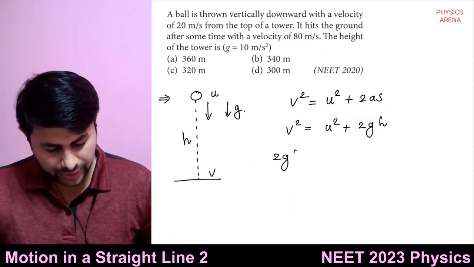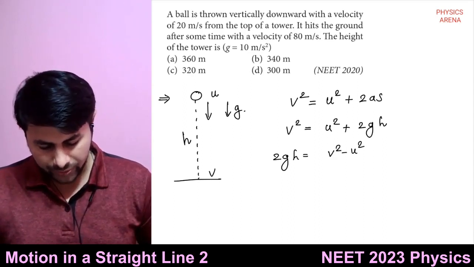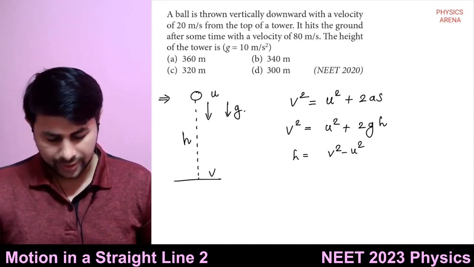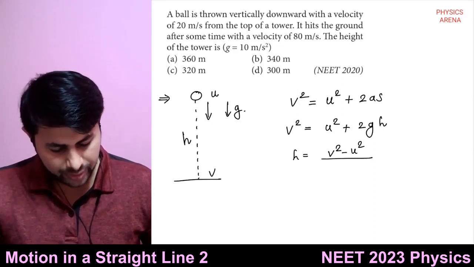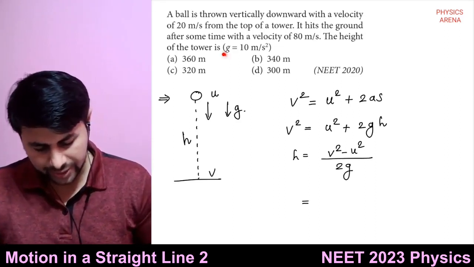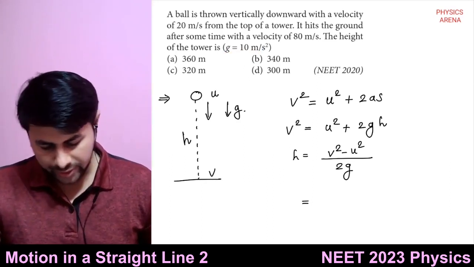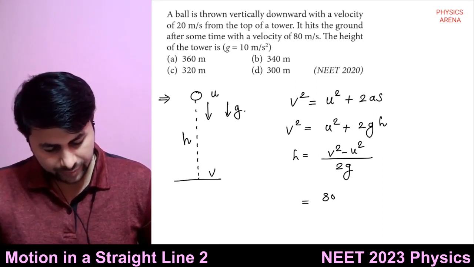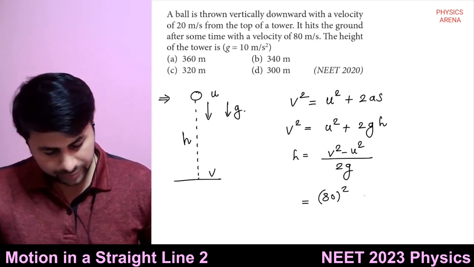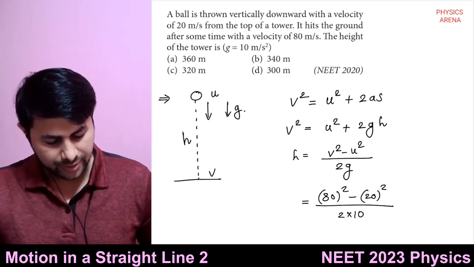So 2gh is equal to v square minus u square, and I will move 2g also to the other side, so it goes to the denominator. And it's given that g is equal to 10 meters per second squared. So h is 80 square minus 20 square divided by 2 times 10.